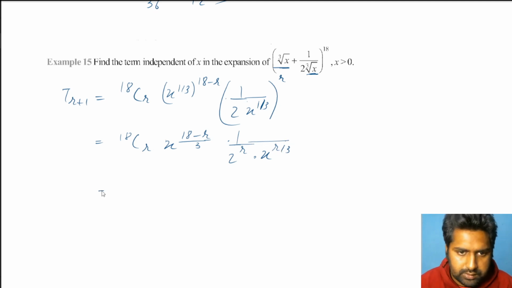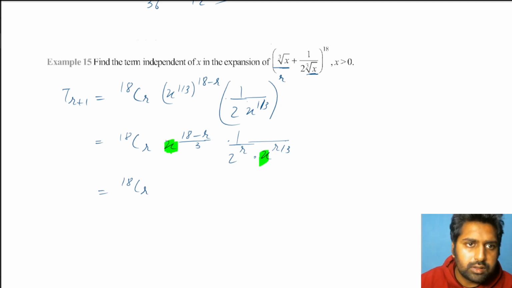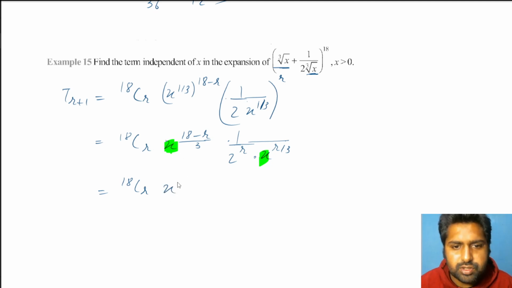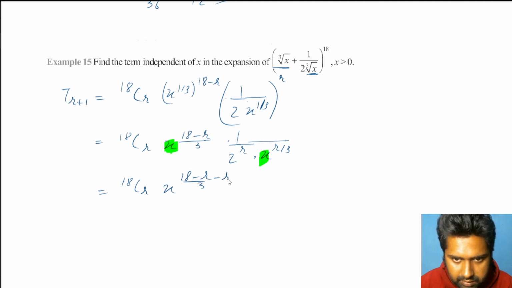Okay, so 18Cr, again solve for the power of x, this one and this one. Combine them. They are in division, so the power gets subtracted. So 18 minus r by 3 minus r by 3, and 1 by 2 raised to power r as it is. 18Cr, 1 by 2 raised to power r, x raised to power 18 minus 2r by 3.